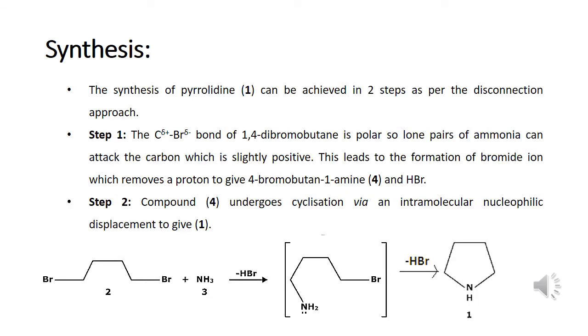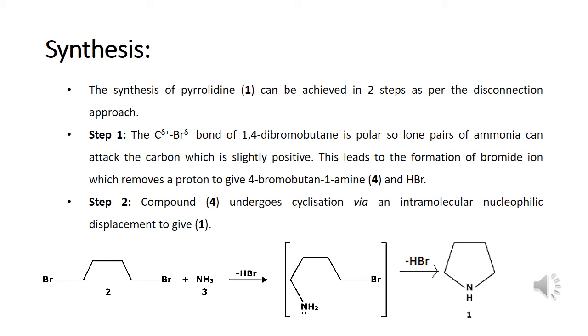Here the synthesis of pyrrolidine is given. The synthesis of pyrrolidine, structure 1, can be achieved in 2 steps as per the disconnection approach. In step 1, you can see here the carbon-bromine bond is a polar bond. Carbon is slightly delta positive, bromine is slightly delta negative. That bond of 1,4-dibromobutane is polar, and so the lone pair of ammonia can attack the carbon, which is slightly delta positive.